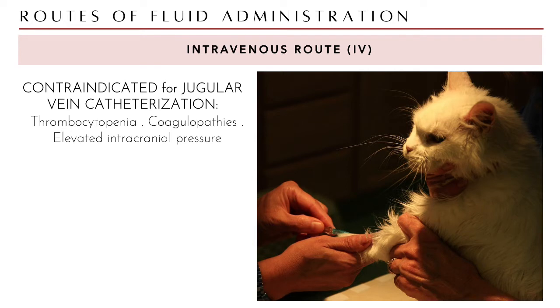Patients with thrombocytopenia or very low platelets, those with coagulopathies or problems with the clotting factors, because it will predispose that puncture wound in the vein to not stop bleeding. Patients with elevated intracranial pressure, which could be from a brain trauma, head trauma, usually those things are contraindicated for jugular vein catheterization, because when you prepare for a jugular vein catheterization, you put pressure on the jugular vein, which further elevates the ICP. Right?